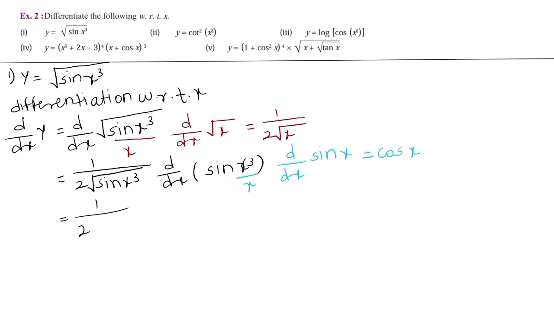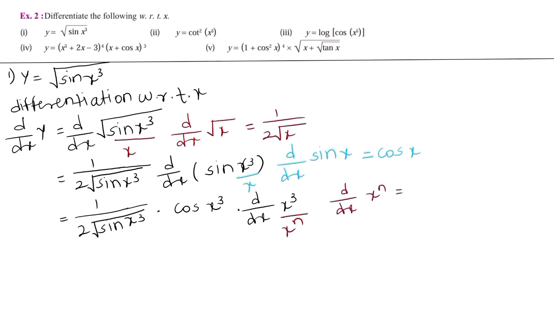So next step will be 1 upon 2 root sin x cube into cos x cube into, now we need to take differentiation of x cube. We can solve x cube derivation with the help of x raised to n formula. So differentiation of x raised to n is n x raised to n minus 1.